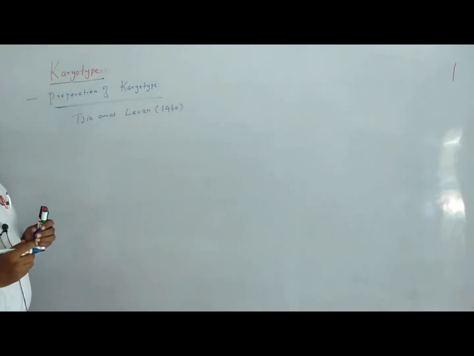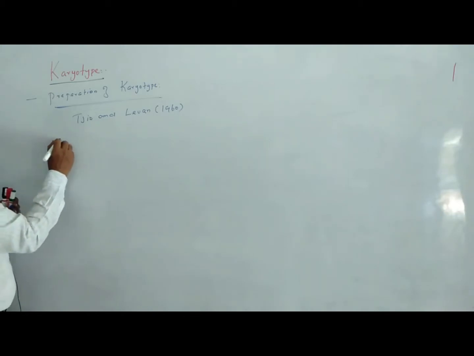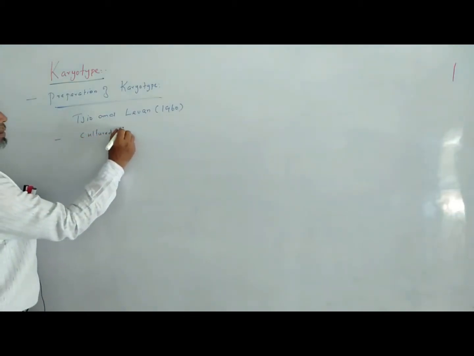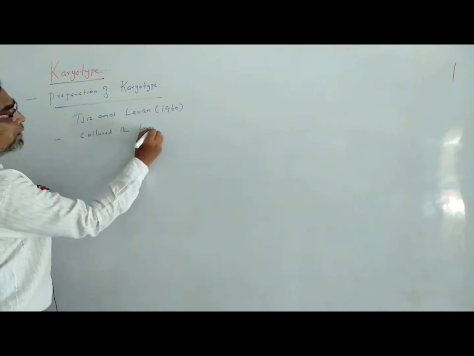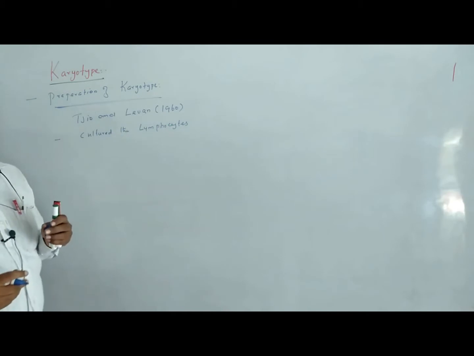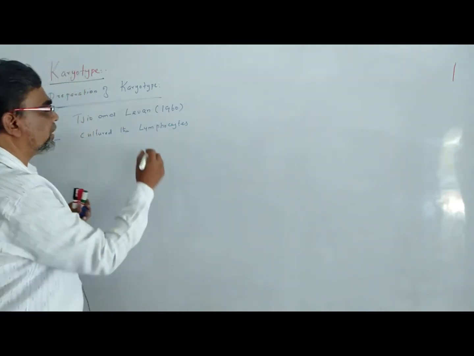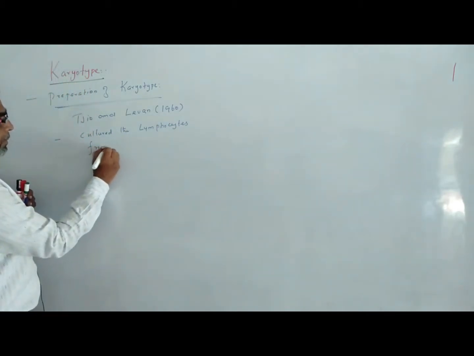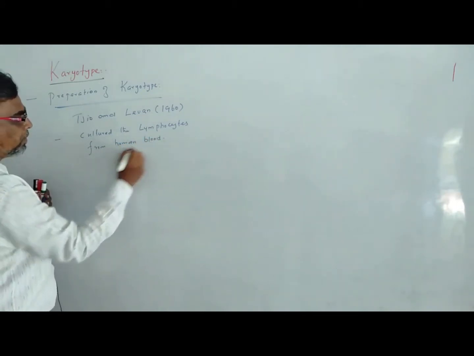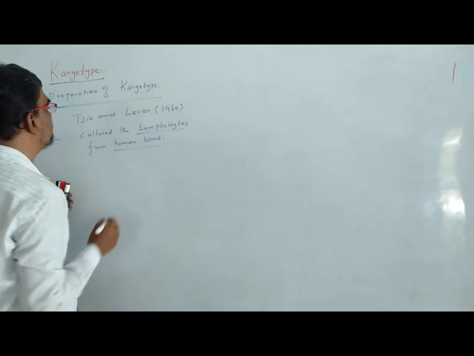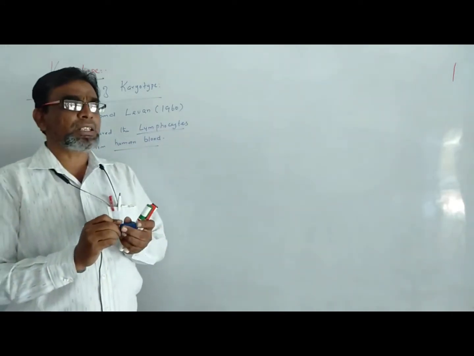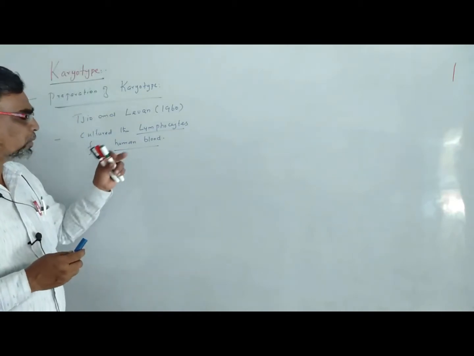T. Geo and Levin in 1960 cultured the lymphocytes from human blood.